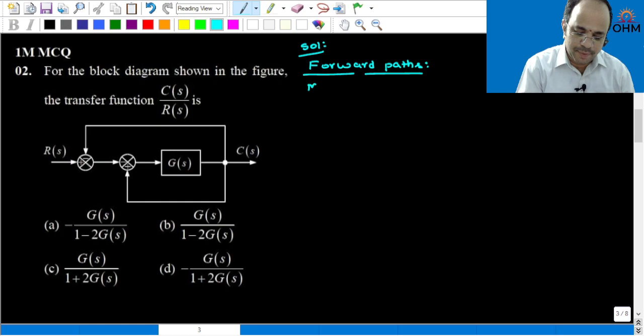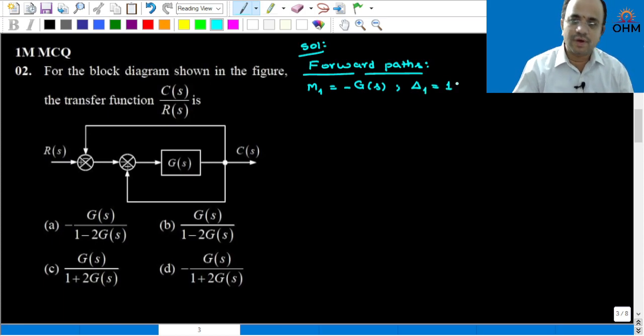So, forward path M1 is equal to, now here there is a minus sign. Because of the minus sign, the forward path gain will be minus G of s, and delta 1 is equal to 1 minus, you should take any loop gain that is not part of the first forward path. You don't have such combination, and hence it will be simply 1.